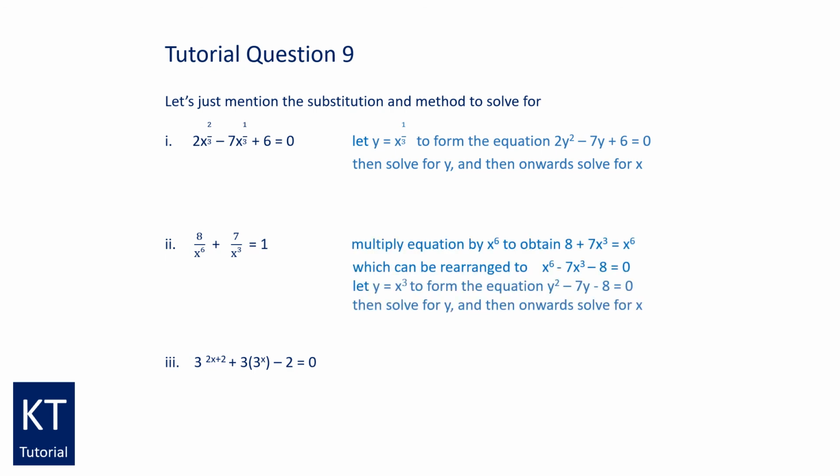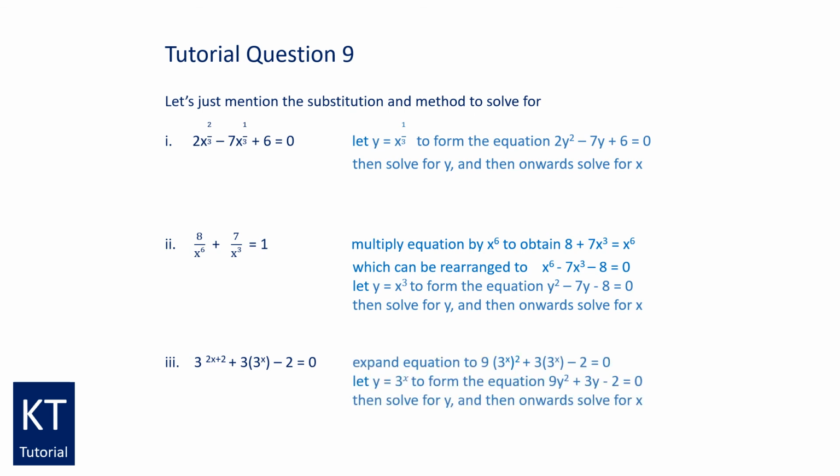For the second equation, you start by multiplying it with x to the power of 6. That could be rearranged to see a polynomial that is equated to 0. After, you'll let y being equated to x to the power of 3 to form a quadratic equation in terms of y, which allows us to solve for y and then onward solve for x.